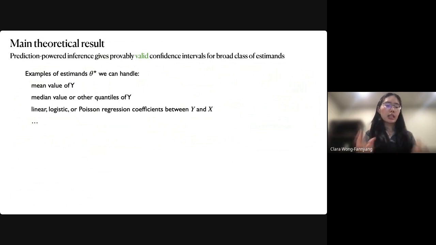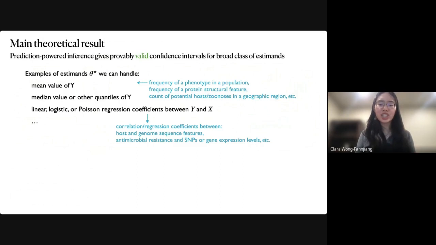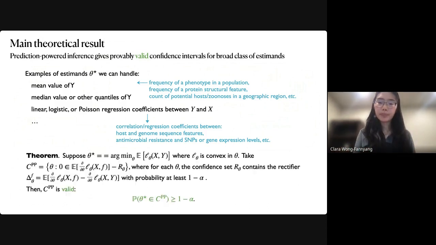So this includes linear, logistic, or Poisson regression coefficients, also lasso regression coefficients. And again, to instantiate this more concretely, if you're interested in the frequencies of various labels such as phenotypes or structural features, or if you're interested in correlation coefficients or regression coefficients between labels and different features, those would all be handled by the estimands that we can cover.